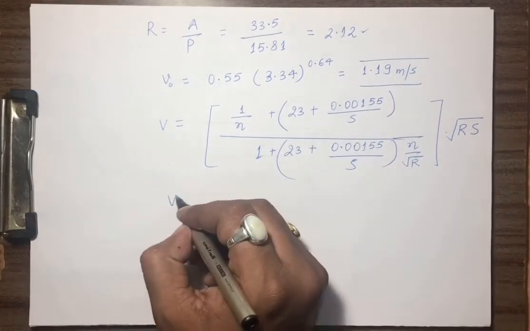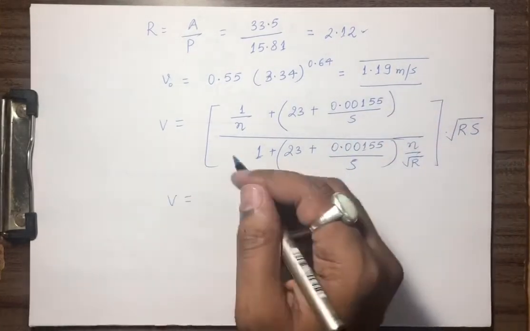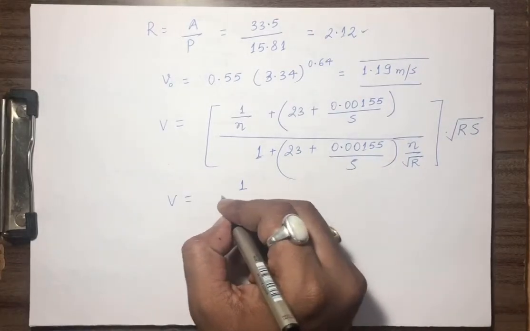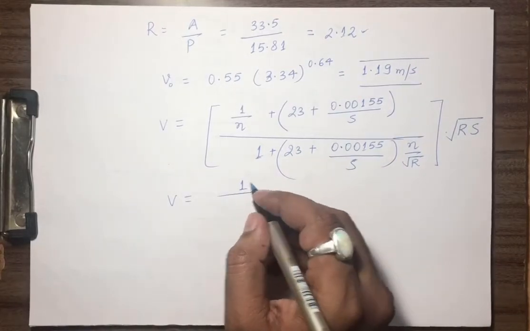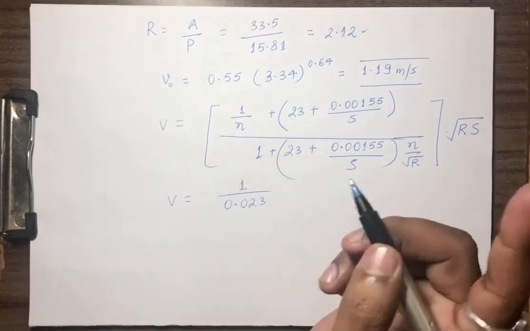So let us simplify a little bit. We are assuming n as 0.023. Just refer to that table, I think in the previous lecture I provided it to you, relating q and n.